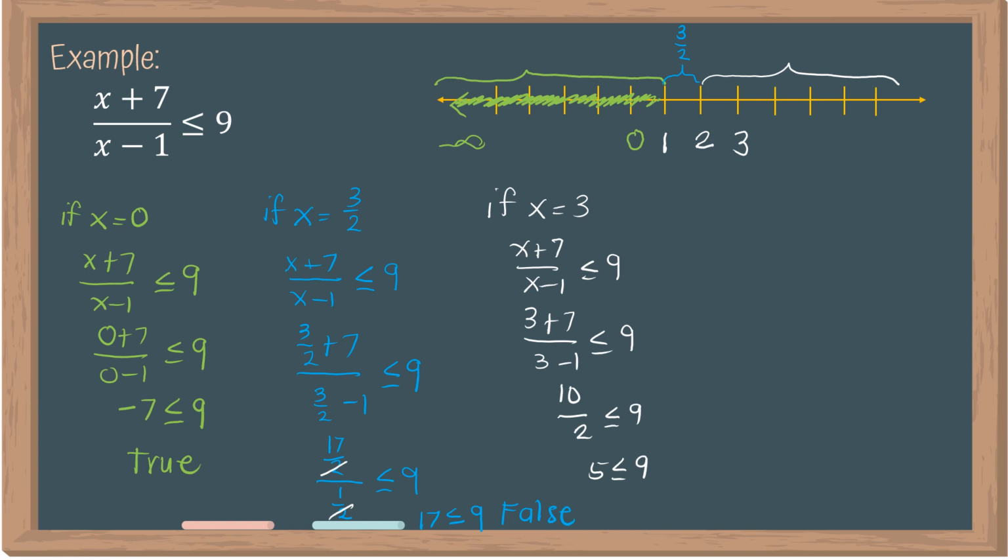For this one, of course, the answer is true, because we know that 5 is really less than or equal to 9. So, ibig sabihin, we can again consider this interval as one of the solution sets to our inequality.